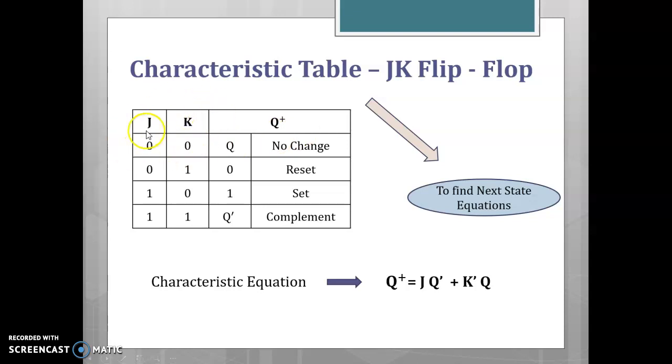For the JK flip-flop, with J equal to 0 and K equal to 0, the next state is the same as the present state. For J equal to 0 and K equal to 1, the next state is 0. For J equal to 1 and K equal to 0, the next state is 1. And for J equal to 1 and K equal to 1, the next state is the complement of the present state.